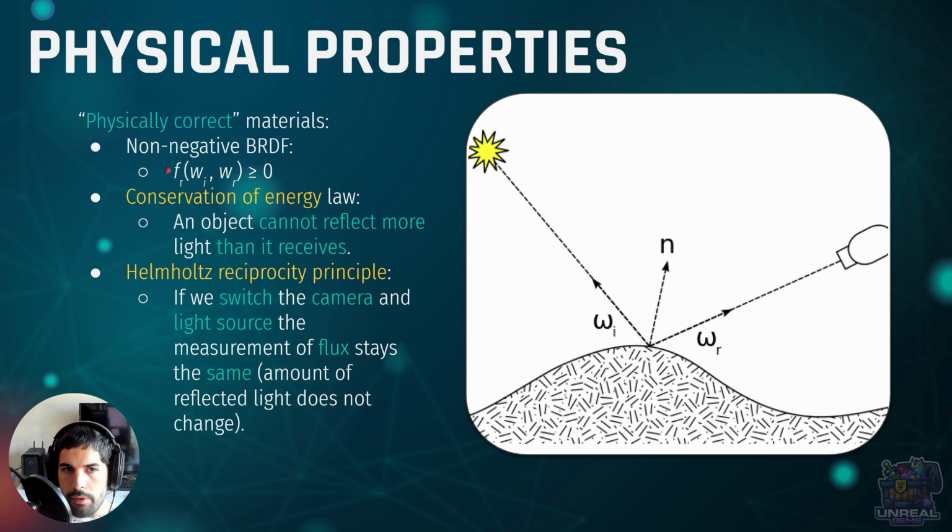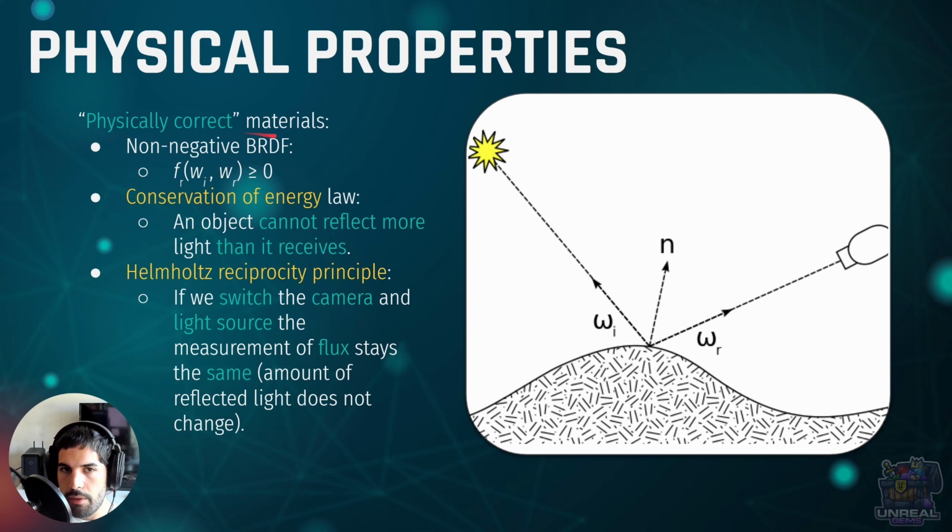So the non-negative BRDF means that the amount of light reflected in the surface has to be either 0 or positive. It cannot be negative. So it cannot be a black hole, which usually is not what we want. So, okay, this is the first condition that we need to meet for a material to be physically correct.